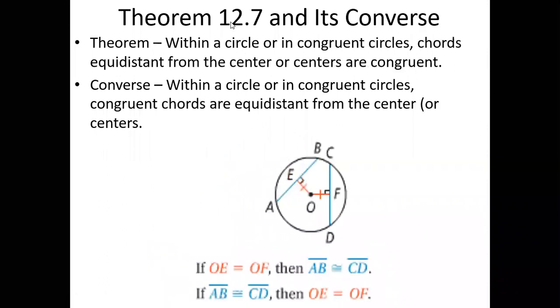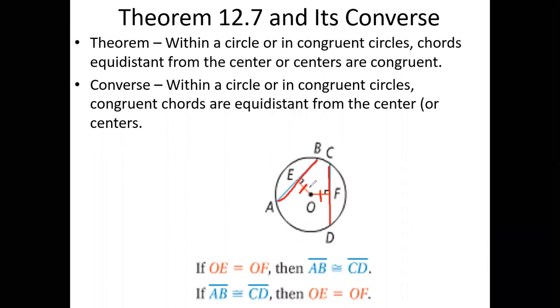Next. Within a circle or in congruent circles, chords equidistant from the center or centers are congruent. That is, if these two chords are equidistant from the center, then chord AB is congruent to chord CD.